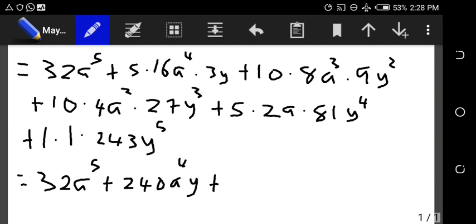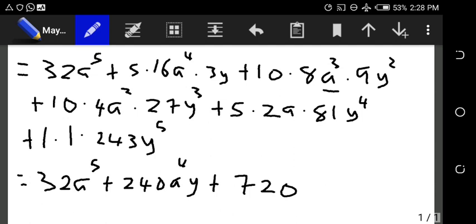Over to this side, we have 10 times 8 times 9. So 10 times 8, that is 80. 80 times 9, that will give us 720.